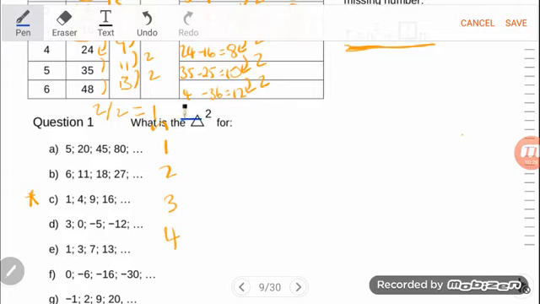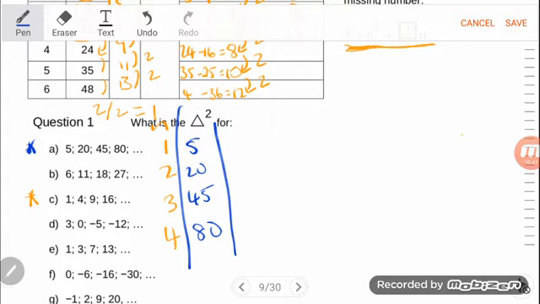So here we've got, let's move on to a, shall we? So here we've got, when n is 1, 2, 3, and 4, let's keep that. We've got 5, 20, 45, 80. What's our first difference? 15.